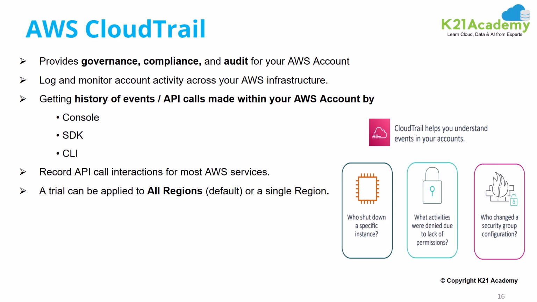It also provides information about the source IP address, identifies the API caller, and includes the time of the call. This AWS API call history can also be used for security analysis, tracking of resource changes, and compliance auditing as well.